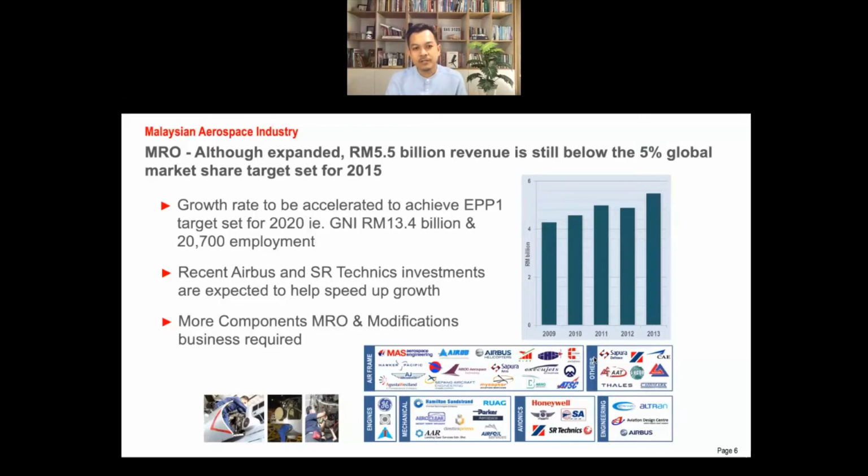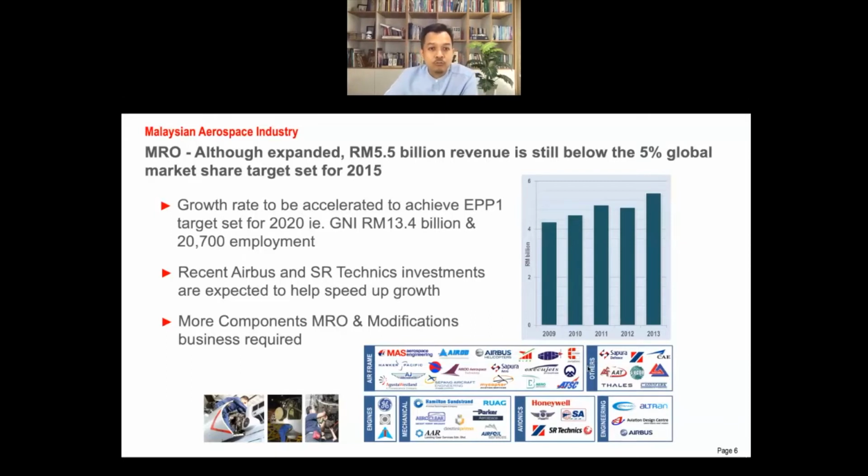So in Malaysia, most of the time, if we have, for example, engine MRO, we can do some limited services, and we have to ship the engine to our neighboring countries, like Singapore. So that deters some of the airlines, the clients, from sending their aircraft to Malaysia. That's one of the problems being faced by the MRO companies in Malaysia in those days.